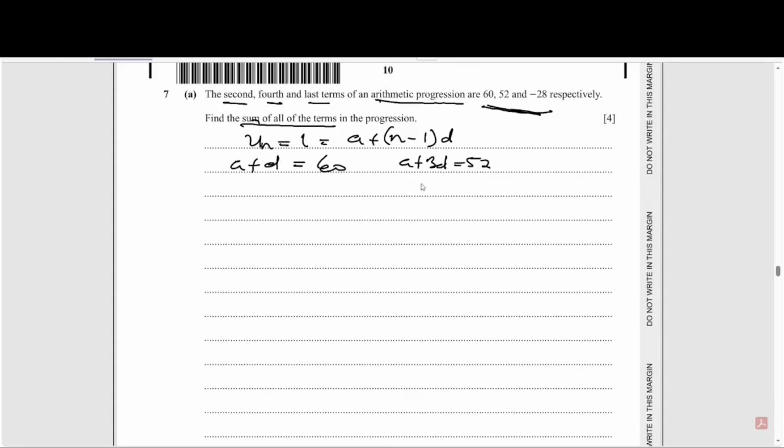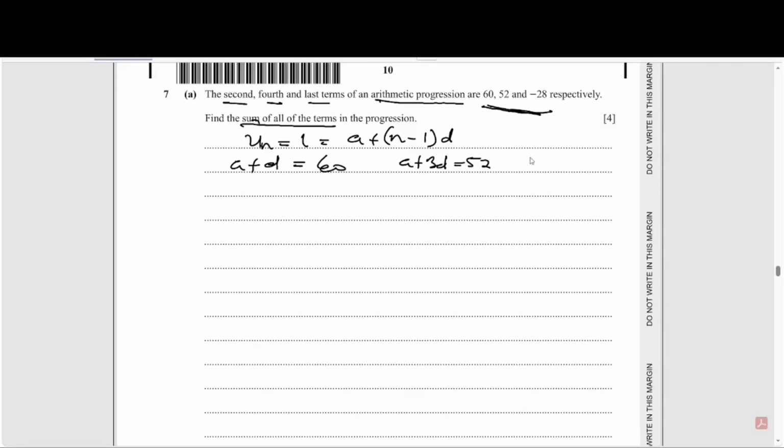And then the last term, which is L, has been given as negative 28. So since it is the last term, we don't know what value of n gives us the last term, but then the term itself has been given to us. So we just need to write that into the formula, and then we find what value of n will be.